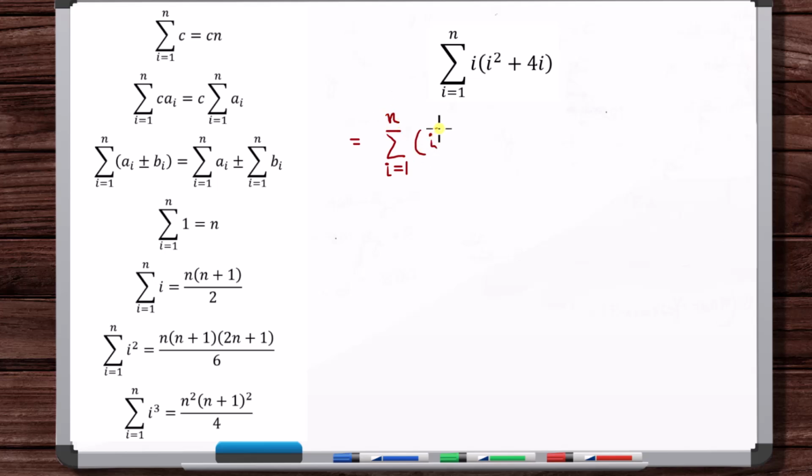Okay, so let's distribute this i. So i cubed plus 4i squared. Now let's separate these into two summations. Now let's bring this 4 out front.